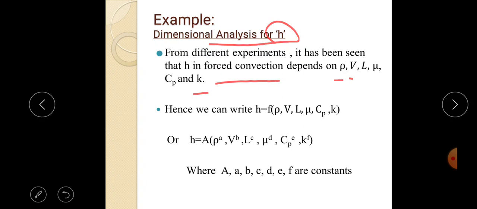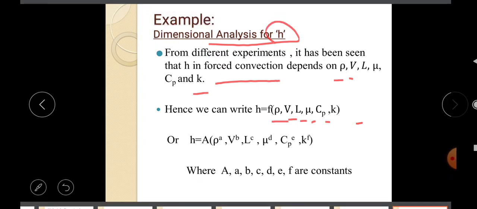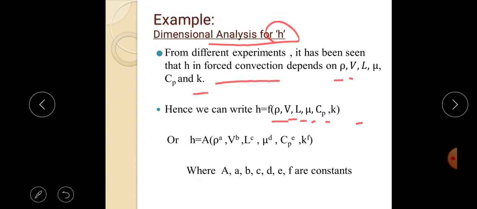Hence we can write it as h equals a function of rho, V, L, mu, Cp and k. Alright. Or we can also express it in exponential form.